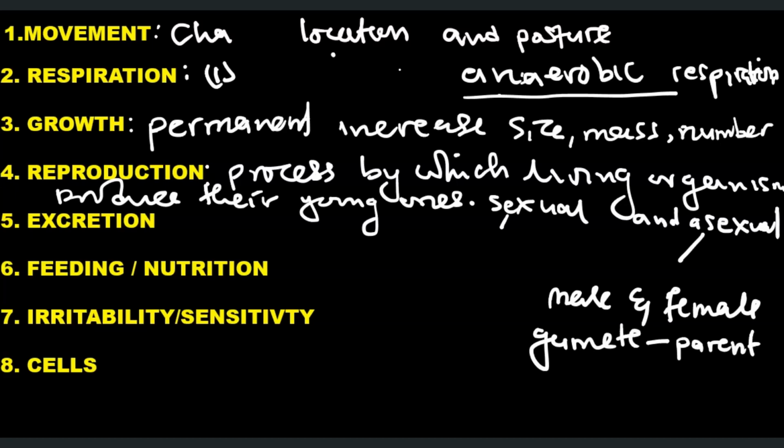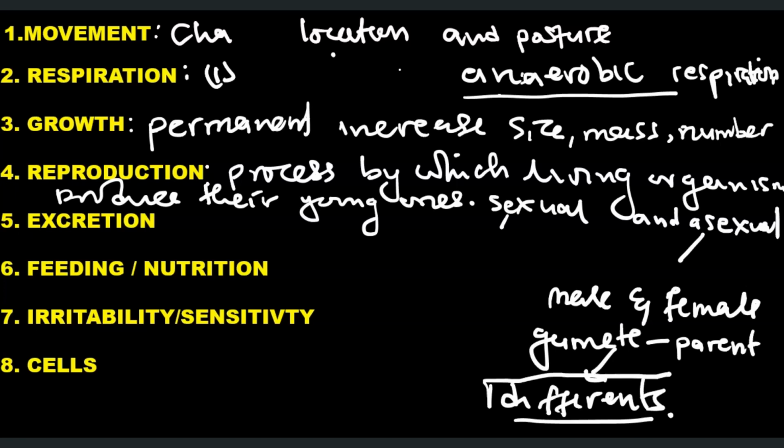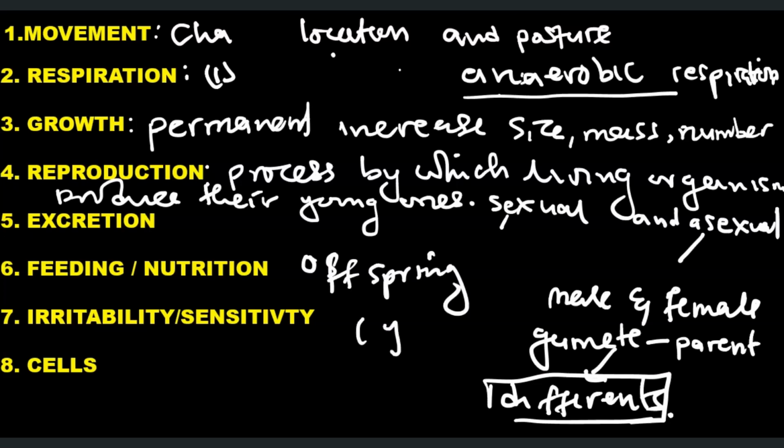So one parent produces female and male gamete. And when they fuse, the offspring that is produced is not different from the parent. There's no variation. So the offspring becomes the same as the parents. By the way, the offspring is just a young one. So what is produced is what we call the offspring. So that is asexual reproduction.